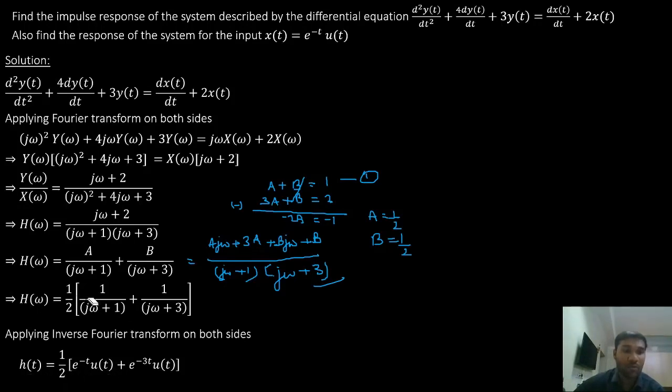This is in the form of 1 by (a plus j omega). The inverse Fourier transform of 1 by (a plus j omega) is e power minus at u of t. In the first term, a is 1, so e power minus t into u of t. In the second term, instead of a, I have 3, so e power minus 3t u of t. So this is my impulse response.